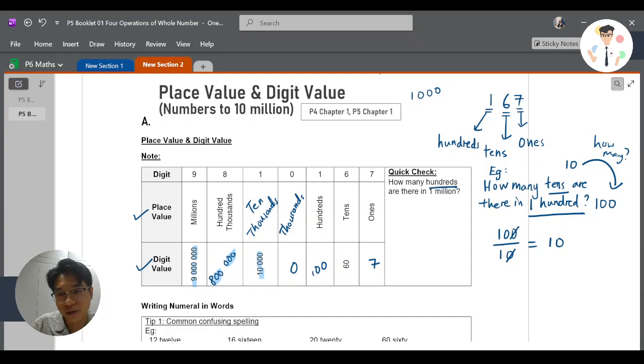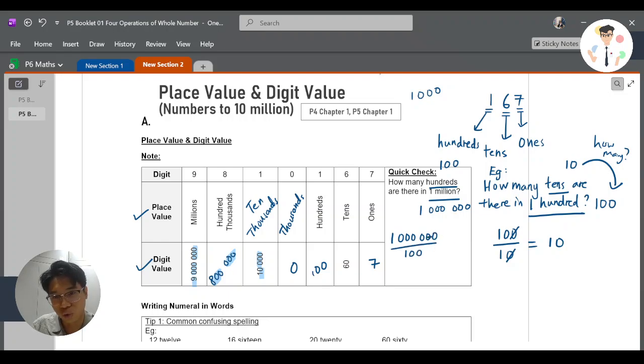After you have tried out this example, how about this? How many hundreds are there in 1 million? Hundreds means 100, right? 1 million means 1, 0, 0, 0, 0, 0, 0. So how many? We just divide. So 1,000,000 divided by 100.